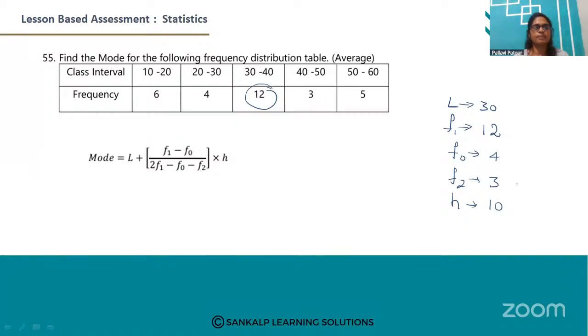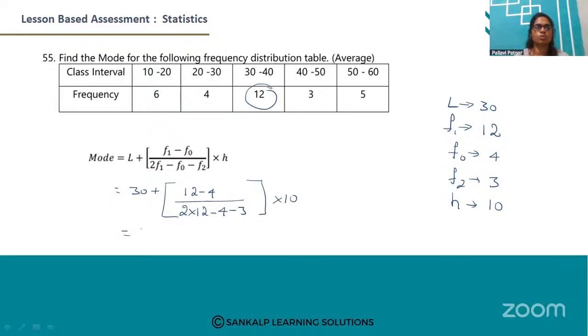So now we substitute the values into the mode formula. So this is equal to 30 plus (12 minus 4) divided by (2 into 12 minus 4 minus 3), into 10.